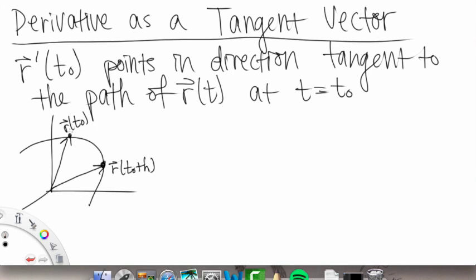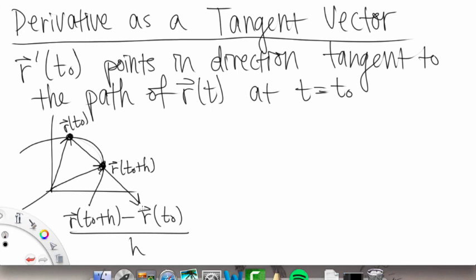As you move along, here's where you are later on in the curve. If you were to take a line from here to here, kind of like a secant line, remember those? Then you would get r of t naught plus h minus r of t naught over h.